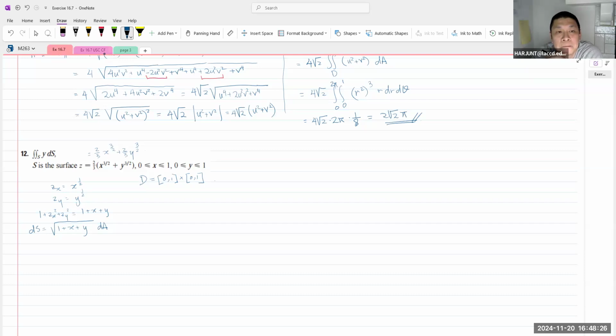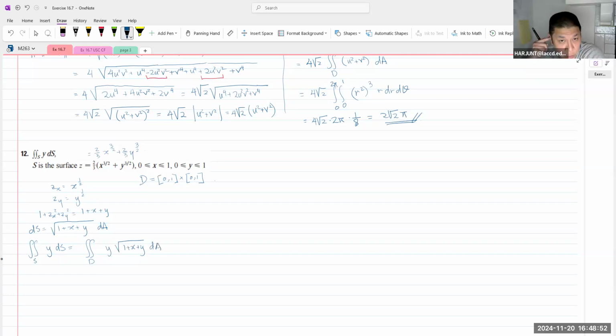That's the dS. So the double integral over surface S of y dS equals the double integral over D of y times the square root of 1 plus x plus y dA.